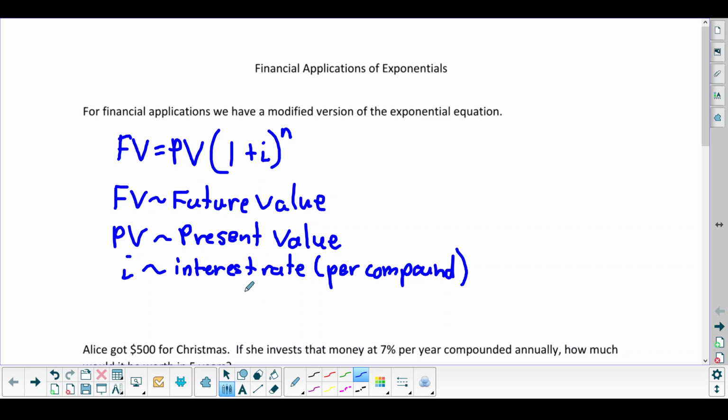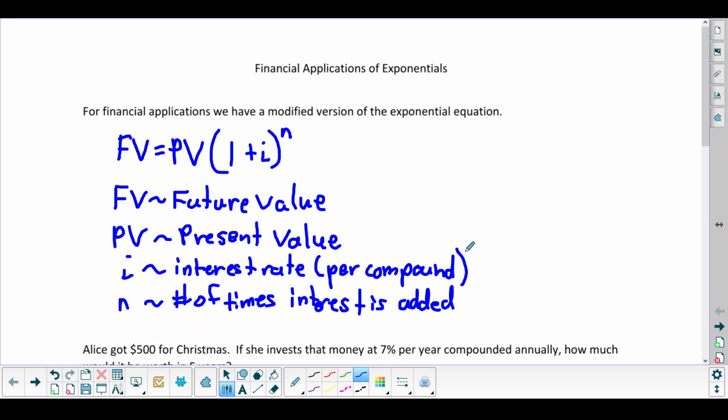And of course, interest rates are always a decimal. n is the number of times interest is added. Sometimes I also say this is the number of compounding periods, but we aren't really talking too much about compounding periods today, or at least for this lesson.